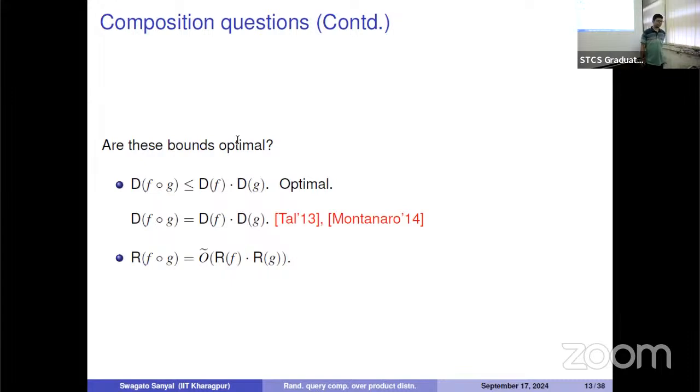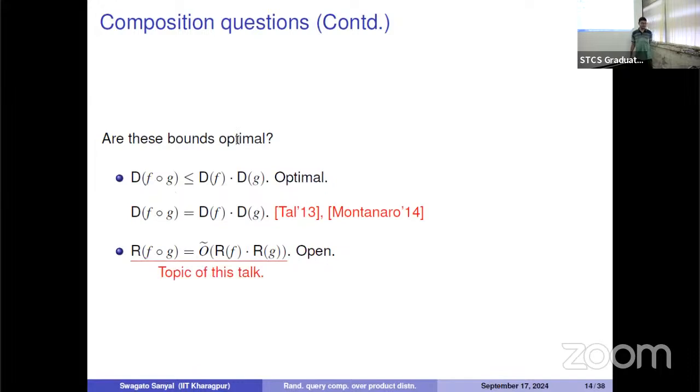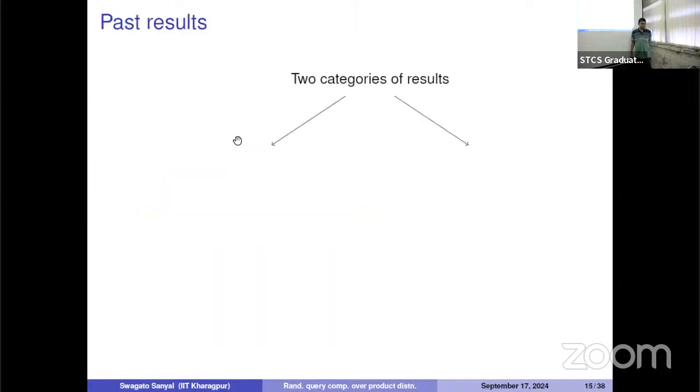So the randomized composition question is still open, and it's the topic of this talk. Let me tell you a bit about the past works on the randomized query composition question. The past results fall into two categories.